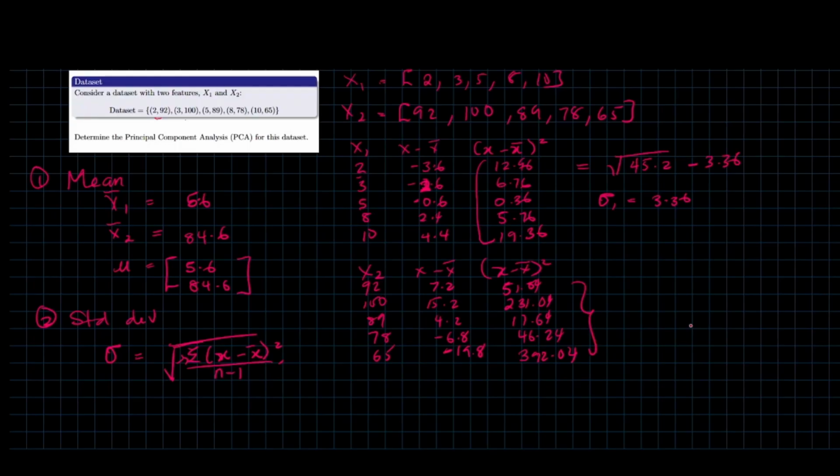And when you simply add all of this, you're going to get 738.8. You square root it, and you're going to get the standard deviation for the second set equals 13.59. Now you can actually just put it in the same vector form. So this will be 3.36 and this will be 13.59.